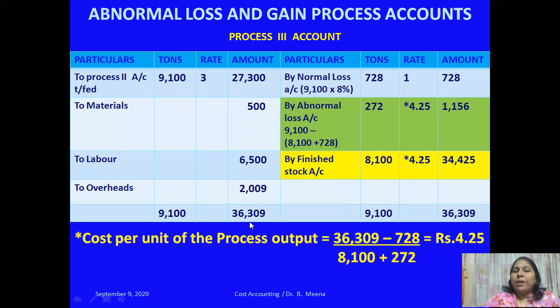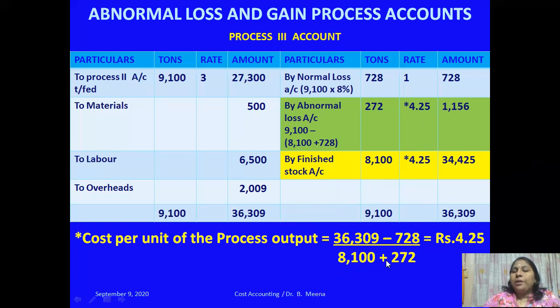The amount is coming as 36,309 minus the amount I credited, 728, divided by what? For what all I'm calculating the rate per ton for output as well as abnormal loss. So abnormal loss means denominator to be added.